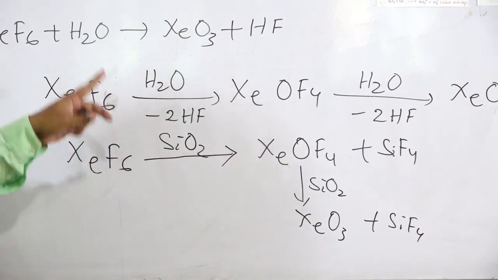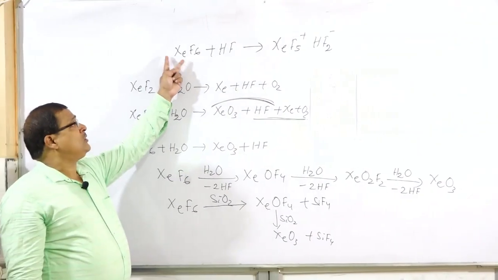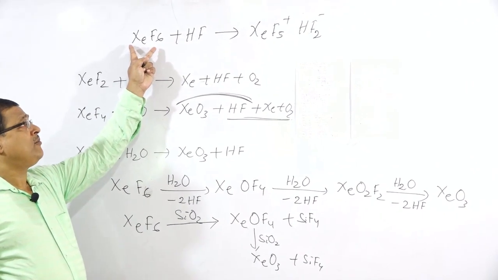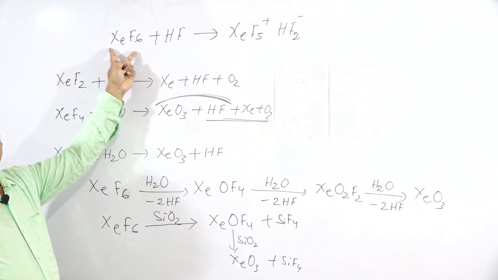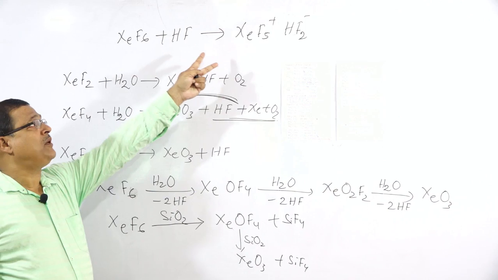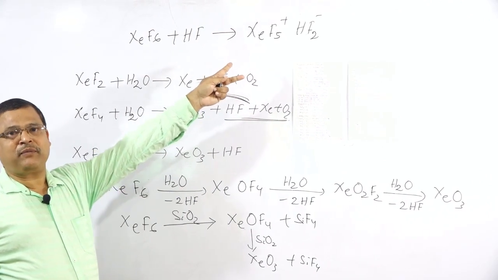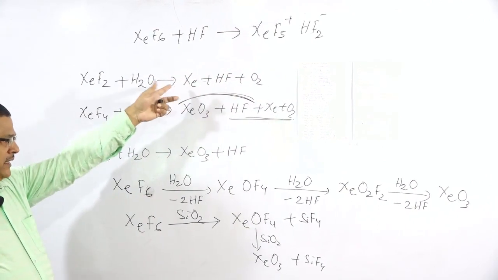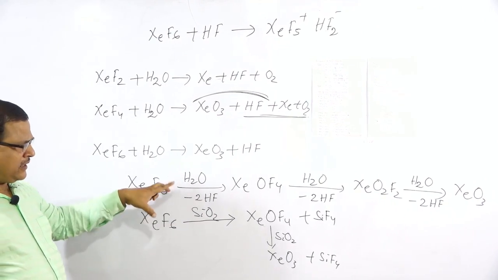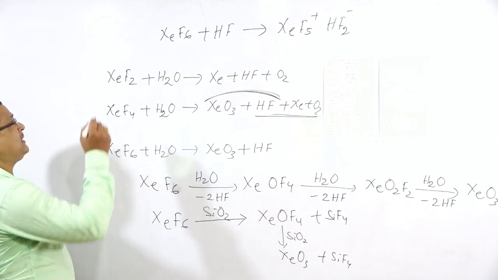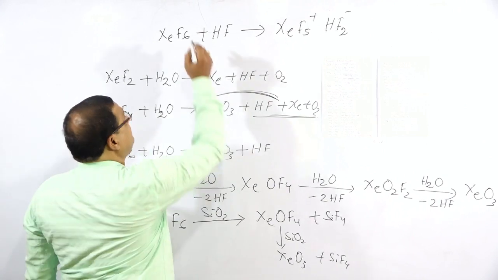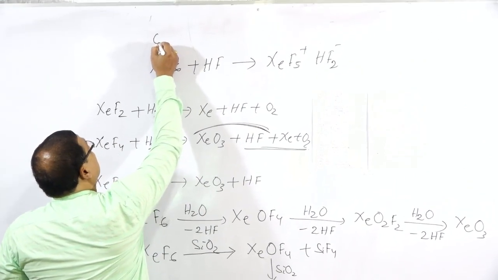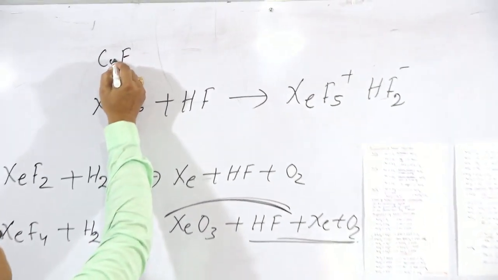Similarly, another important question: xenon hexafluoride in HF has the ability to conduct electricity because of the formation of cations and anions. In a similar manner, we will discuss another important question, that is cesium fluoride.